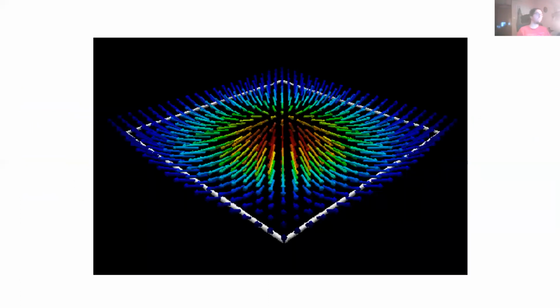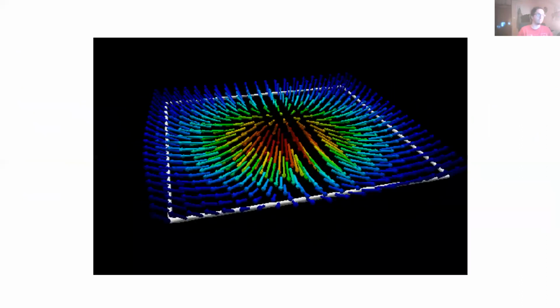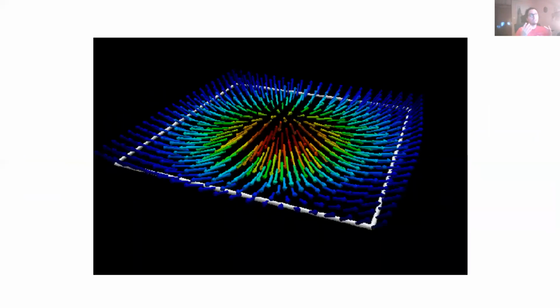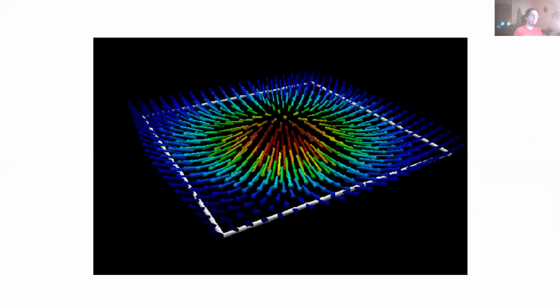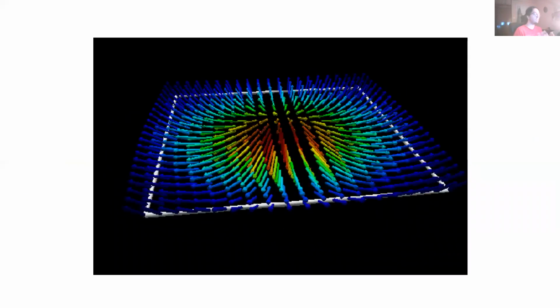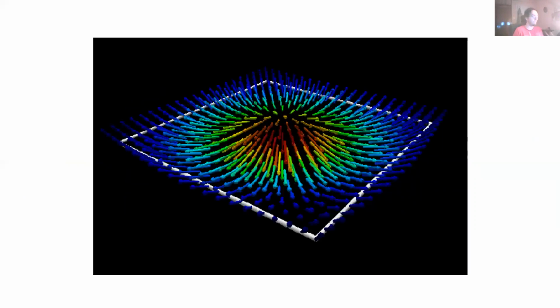So this is our Skyrmion, and as we know, Skyrmions are topologically protected systems. So why don't we just use Skyrmions to protect the information in a topological sense, and then use it as a qubit? Because we already know that Skyrmions can be useful in racetrack memories as the bits.